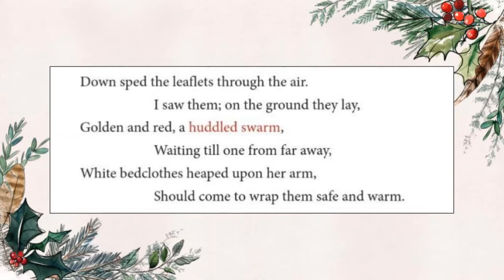When Father Tree saw them on the ground, they looked golden and red, in a large number, crowded together in a small space. Here, huddled swarm means a large number of leaves gathered together in a small space.